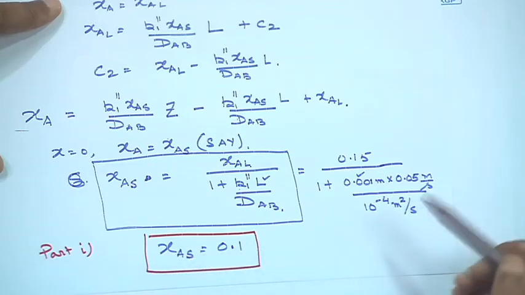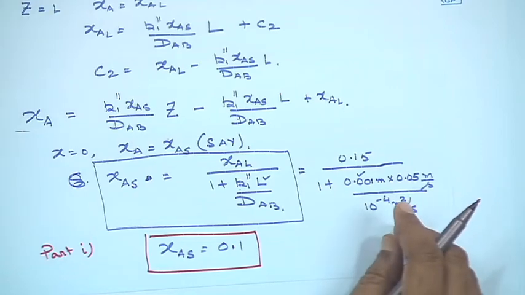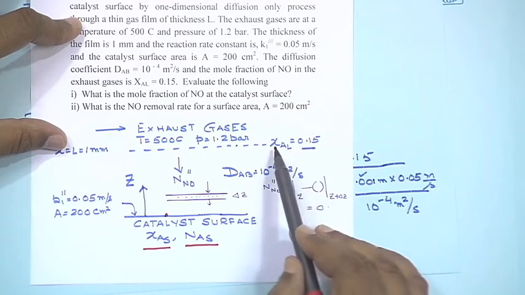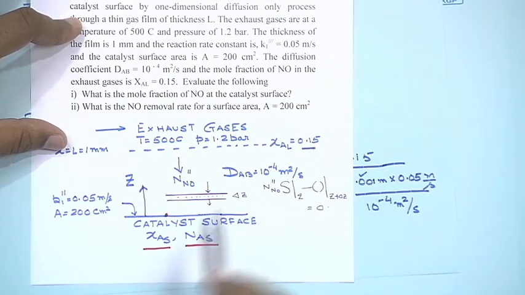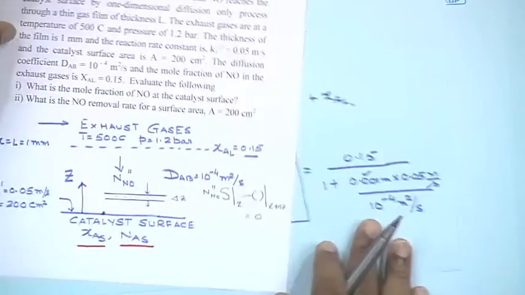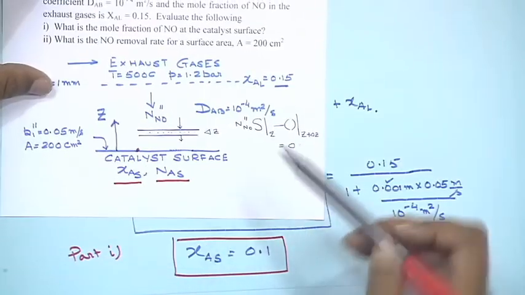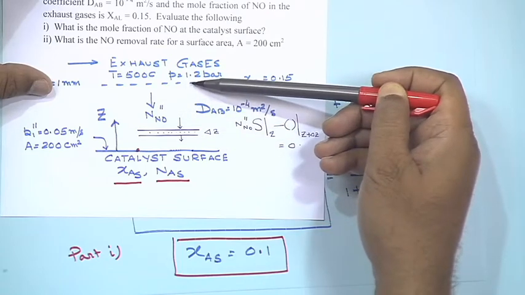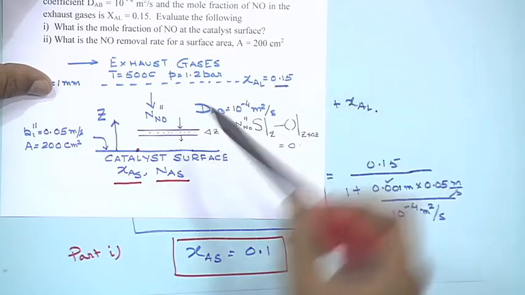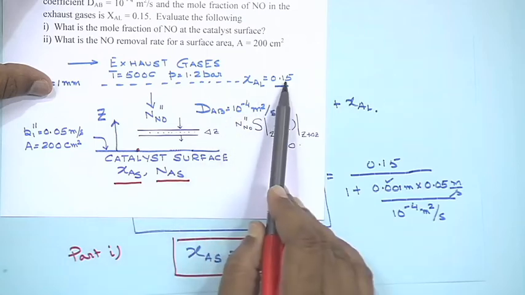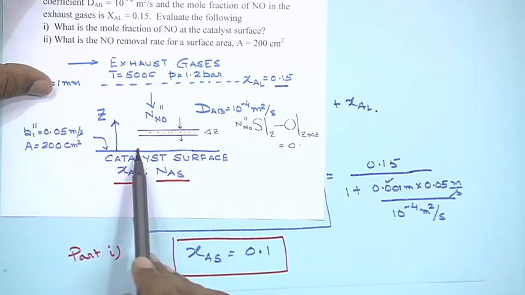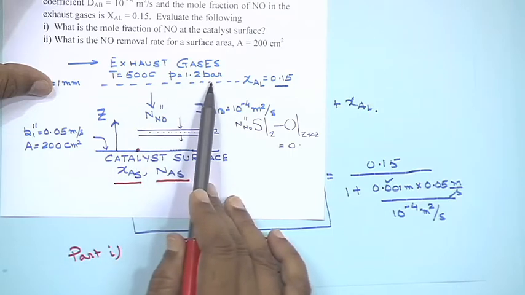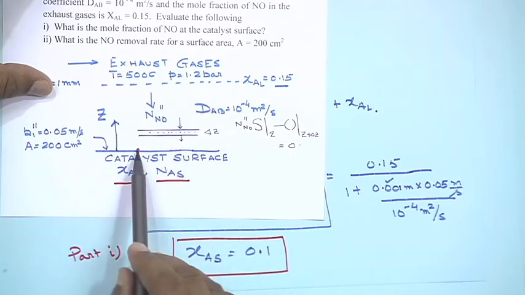This is the concentration of the reactant, in this case NO, at the catalyst surface, equal to 0.1. So, if you go back to the picture of this problem, XAL is 0.15 and we have just now evaluated XAS to be equal to 0.1. Therefore, the diffusion from higher concentration towards lower concentration would take place because of the difference in mole fraction that exists between the edge of this stagnant film and the catalyst surface.